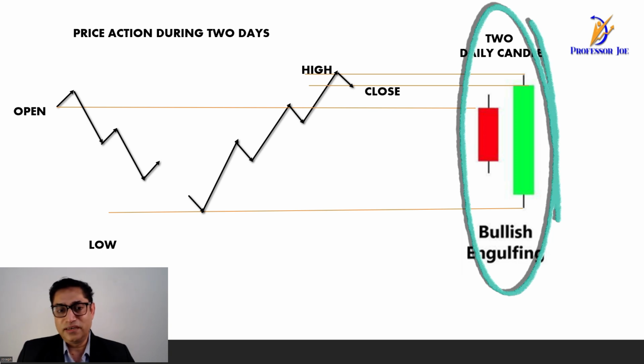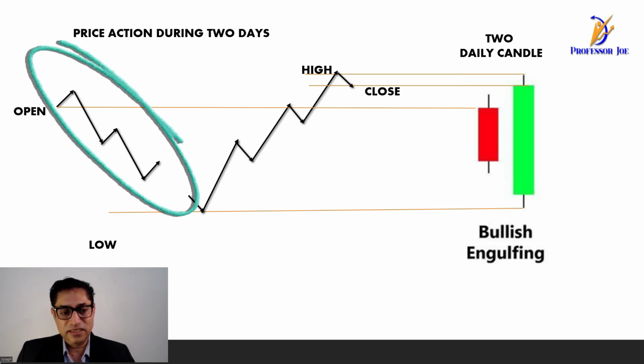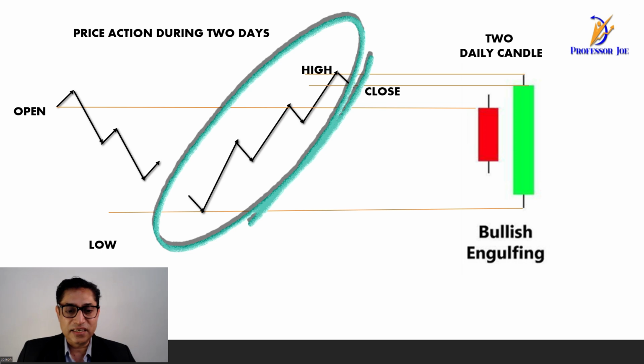So let us decode the price action in these two candles. In the first candle, after the opening the price went a little bit up, because there is a small tail. Then the price came down, went a little bit up, came down, created a low for that day and went a little bit up. On both sides there is a small tail. The next day, the green candle started, but with a gap.